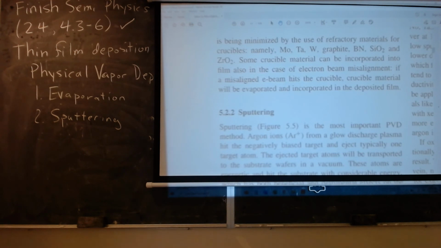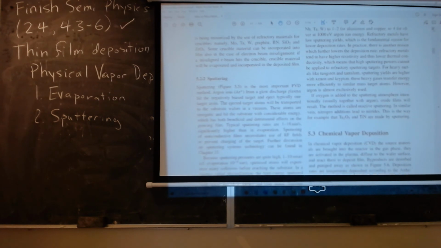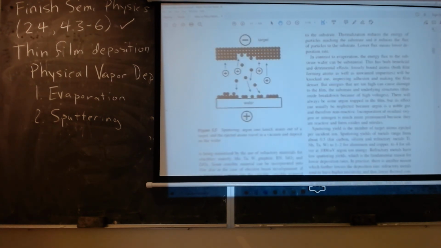Now, I forget whether he talks in here about the, I mean, basically what it comes down to is that there's certain things that can be evaporated better with sputtering versus evaporation.